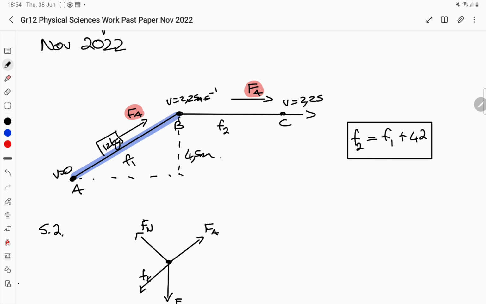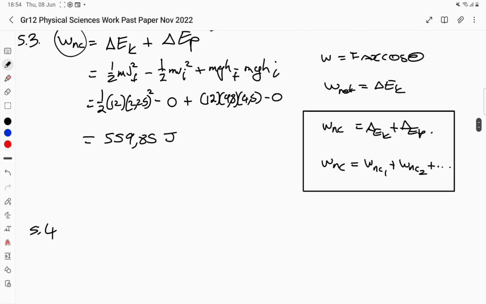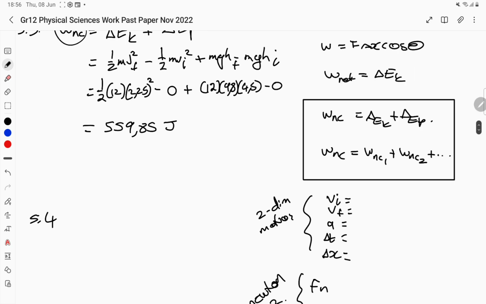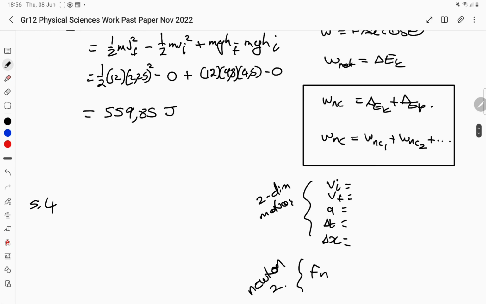In this type of thing, I would leave this question for last. It is very involved. You have to have quite a lot of insight, and you have to bring all this knowledge you have together. So I'm going to list a few more equations here on the right so we can see why it can be quite involved. We have to bring in prior knowledge from grade 11, which is Newton 2, F net equals ma.